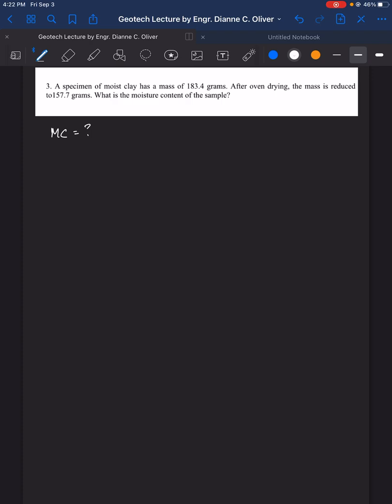Okay. Now let's write here the data. So a specimen of moist clay has a moist mass of 183.4 grams. Then that sample of clay was oven dried, and then the mass was reduced to 157.7 grams. The reason why it's reduced is because water has been removed from the sample. So that's why it's lighter here.